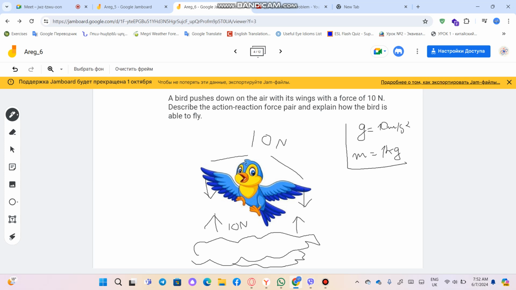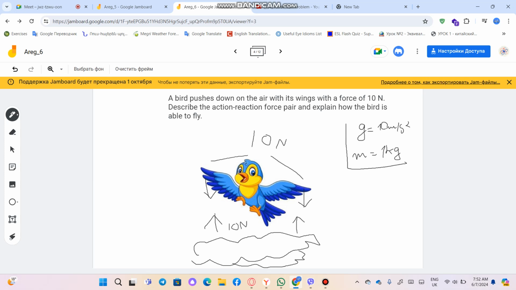And since gravity isn't a force that's being exerted, it's just a force that's there, it's not like the air uses it back up to lift up the bird. But the bird is doing the 10 newtons because it's exerting force onto the air. Does that make sense?